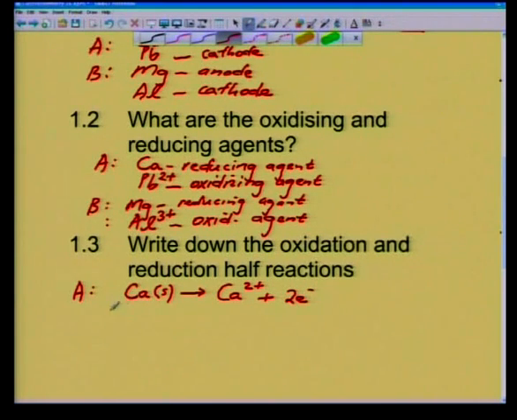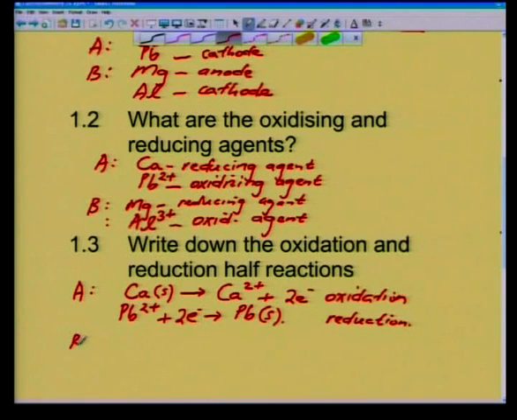The lead will be the reduction half reaction. It will be Pb2+ plus 2 electrons, and that gives us the lead solid. So that will be the oxidation half reaction, and this will be the reduction half reaction.